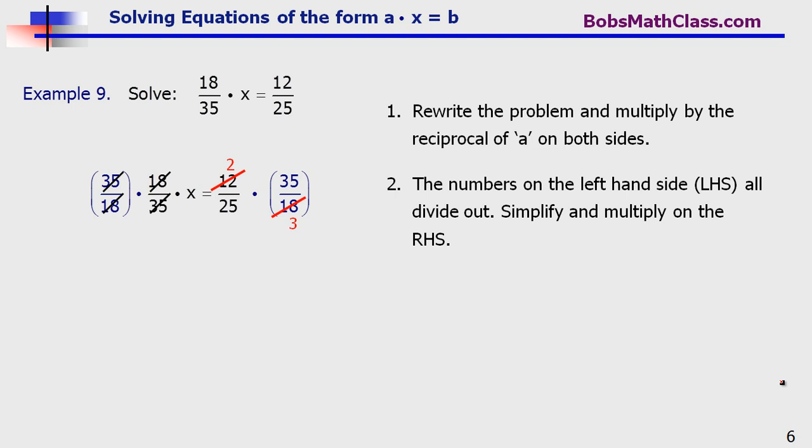So 6 goes into 12 twice, 6 goes into 18 3 times. 25 and 35 by 5, 5 goes into 35 7, 5 goes into 25 5. Now we can multiply across, and that's our final answer, 14 over 15.